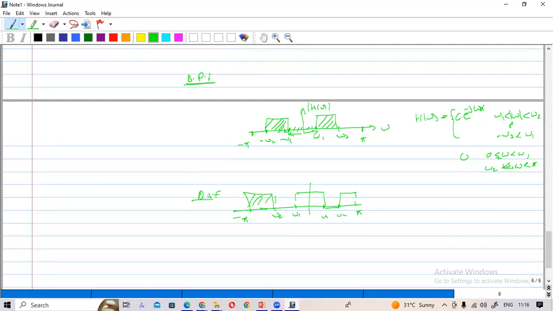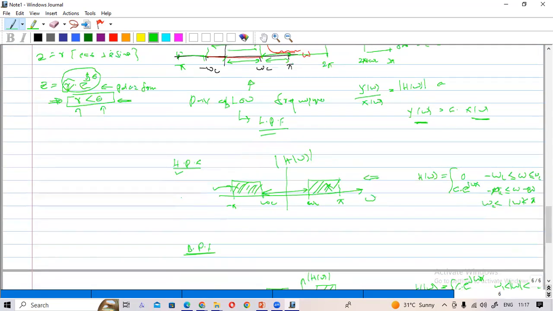So gain is there between minus omega 5 and minus omega 2, between omega 2 and omega 5, and between minus omega 1 and plus omega 1. Between omega 1 and omega 2, gain is 0. That means this band is not passing through this filter. So that is the band stop filter. So these 4 classifications are there.